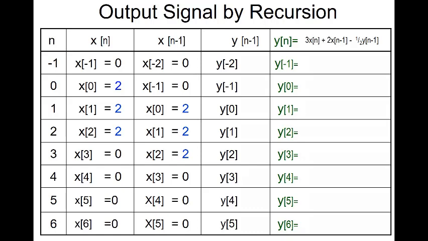So here's where I need an initial condition to get started. I'm putting in a new signal starting at n equals 0, so the initial condition I need you to tell me is, what is this value? What is y of minus 1? I'm going to need that to compute the output at n equals 0. So you have to tell me that.